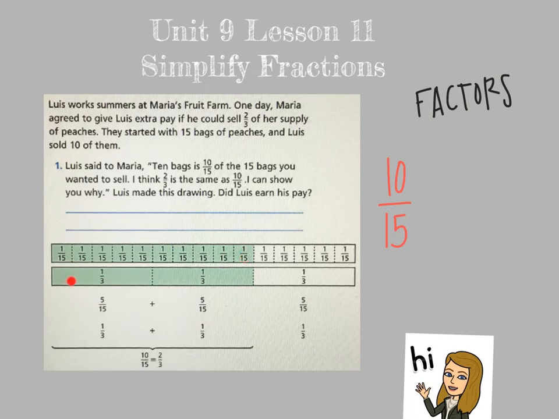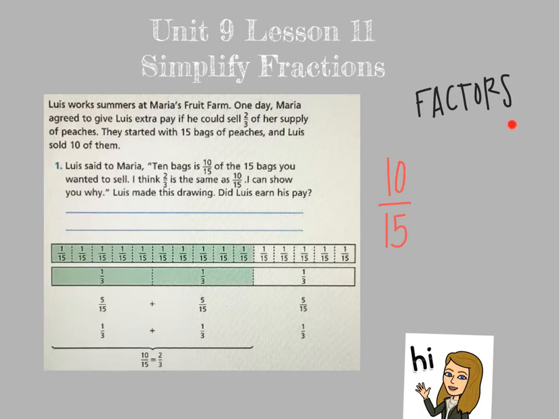He also drew a block where they're split into pieces that are thirds and then shaded 2/3. If you notice here, this is equal to 10/15ths. Now, the way that he got there is he actually simplified or broke down 10/15ths into its simplified version so that you could see 10/15ths is equal to 2/3.